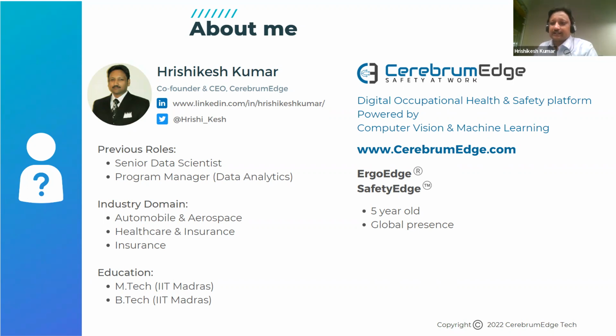I guess CerebrumEdge and what we are doing was already talked about. We are a digital occupational health and safety platform. Digital in the sense that we collect digital data and try to automate most of the processes. The website is there; if you need more information, you can go there and check. We have two product lines which we offer right now.